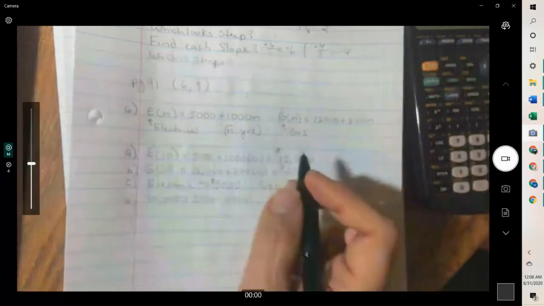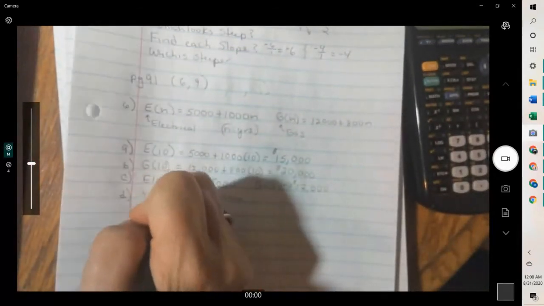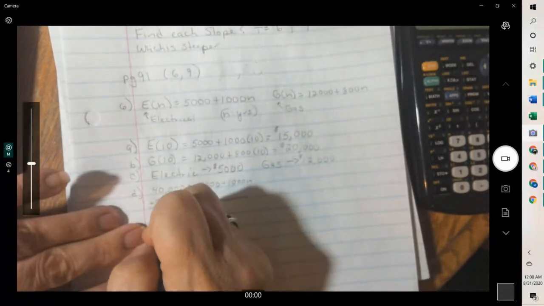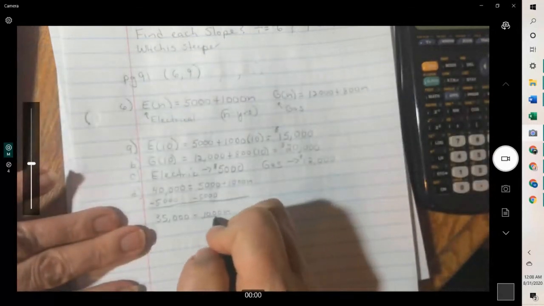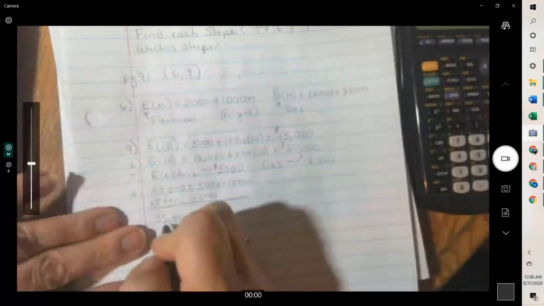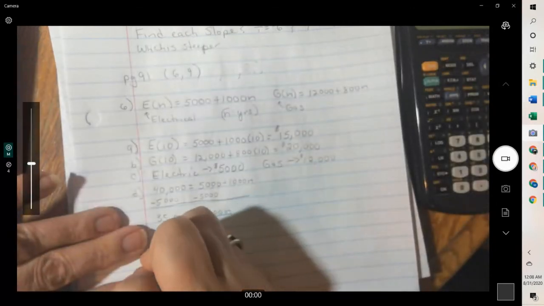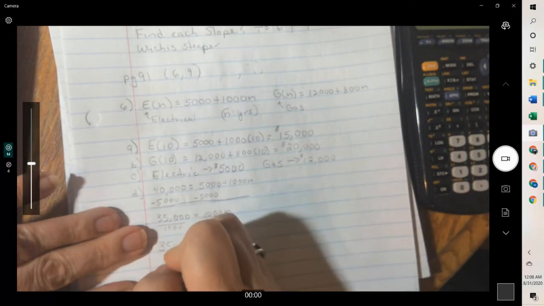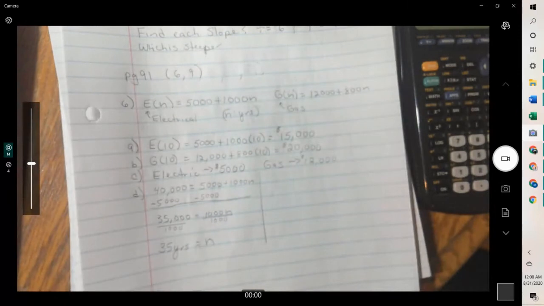So the first thing we do is subtract the 5,000. And we get 35,000 equals 1,000 n. And you're still trying to get n by itself, so you divide by 1,000. So using electric would take 35 years.